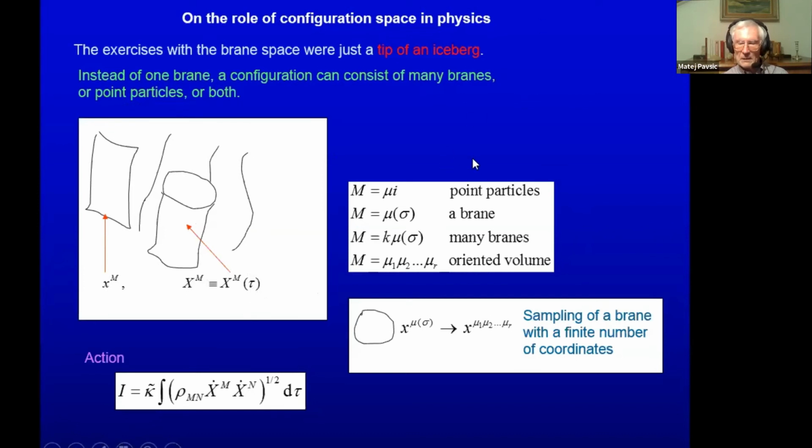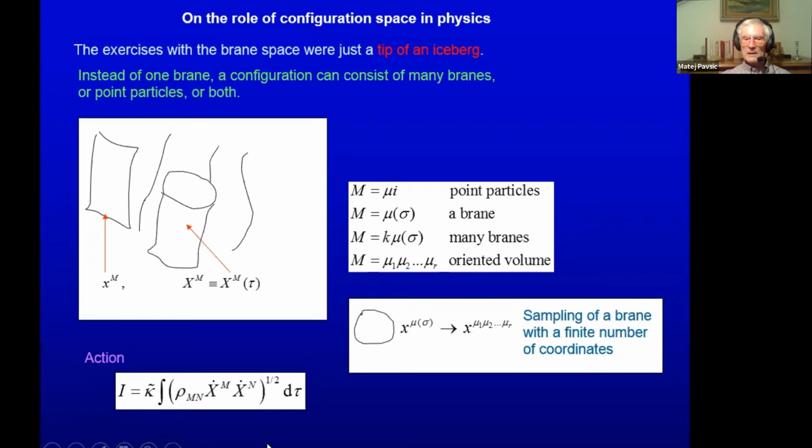And this M either means a system of point particles, where I is the index that says which point particle, sigma is the index which says which point on the brane, or if you have many branes, then you also have this index K, which has nothing to do with the K we had at the beginning. This is an index which says which of the many branes.